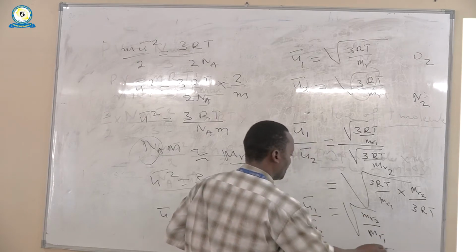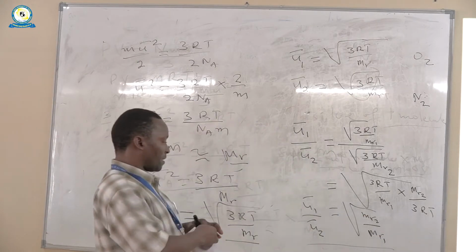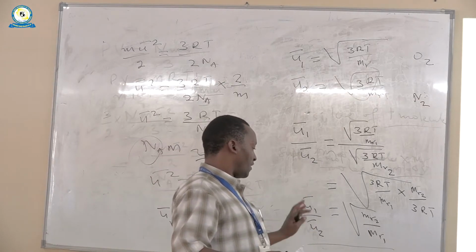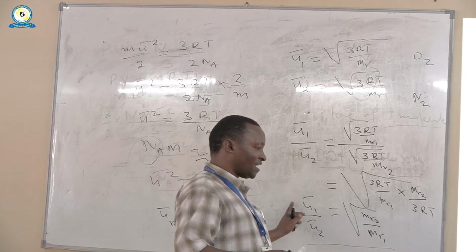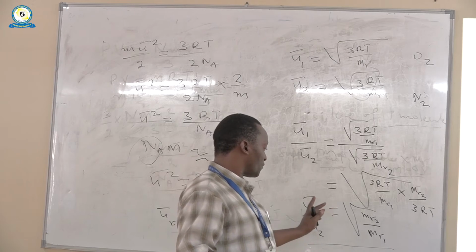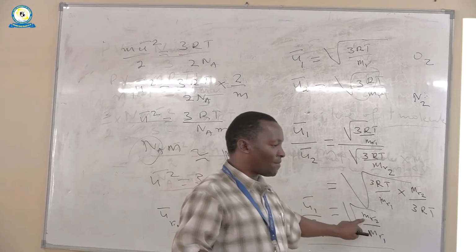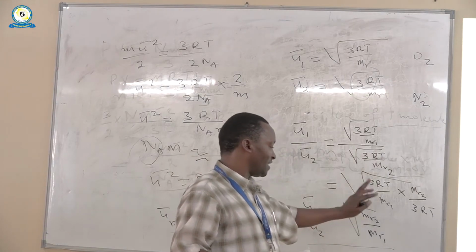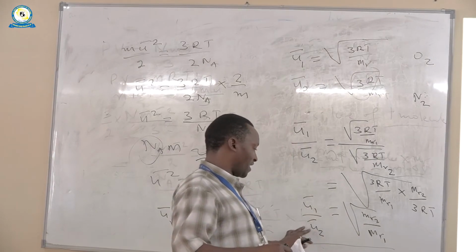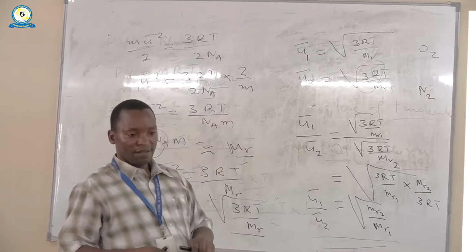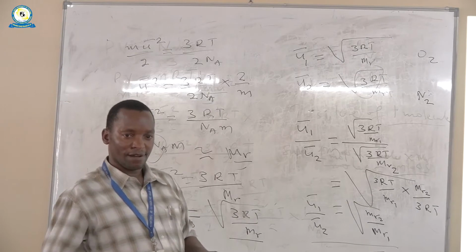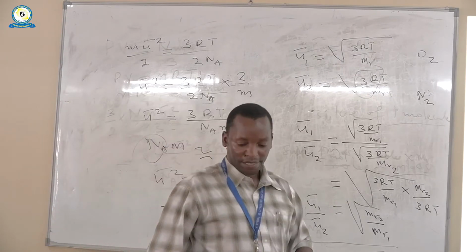So suppose you have for oxygen, you are looking for nitrogen. You know the molar mass of oxygen, you know the molar mass of nitrogen, so it is only a matter of making the calculation in order to find out the unknown value.